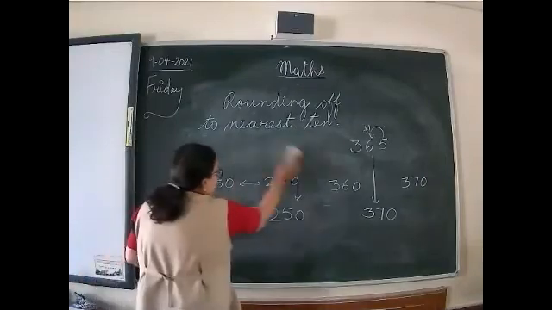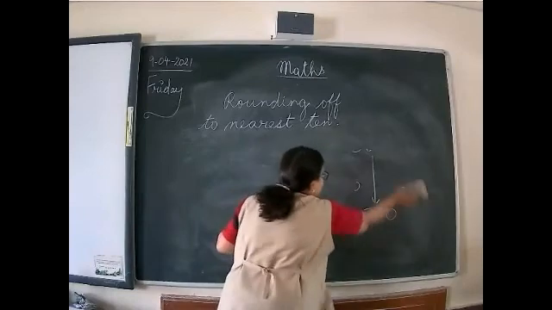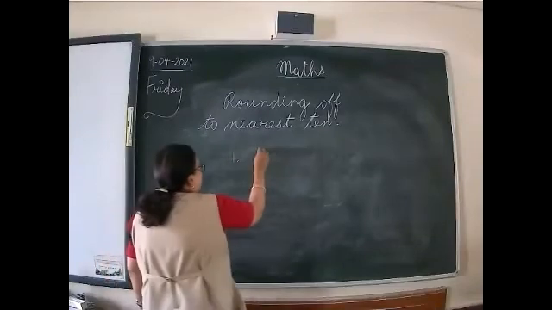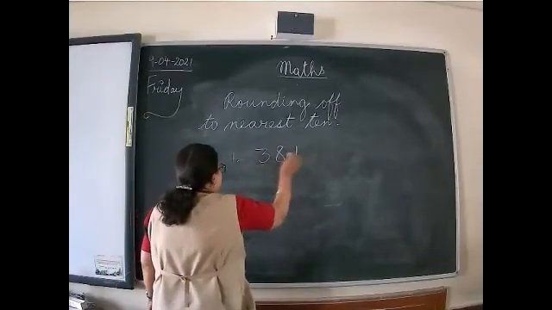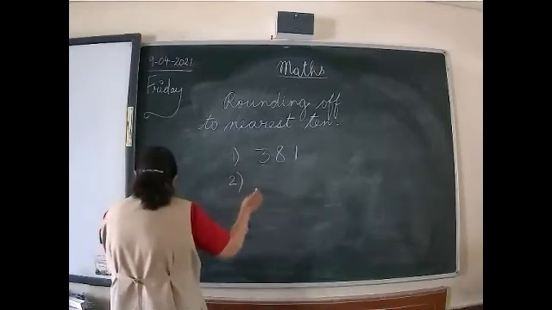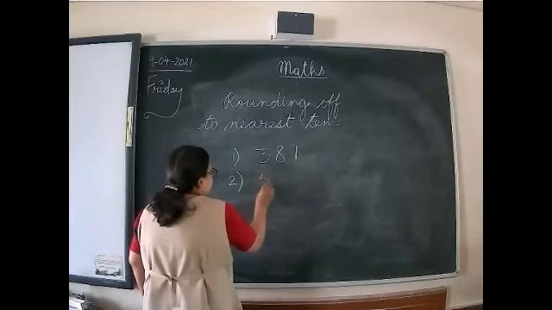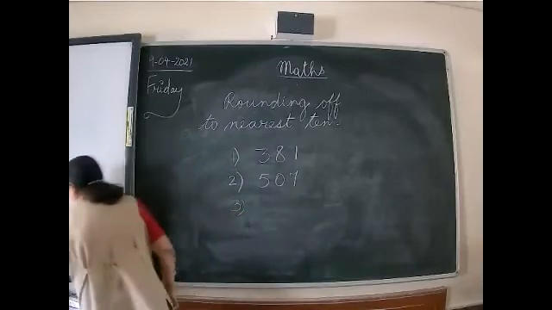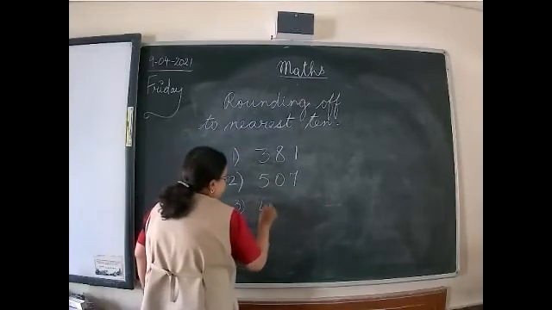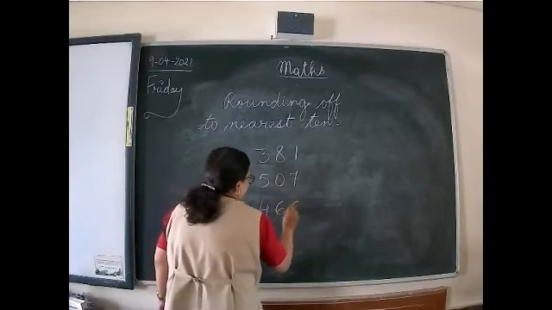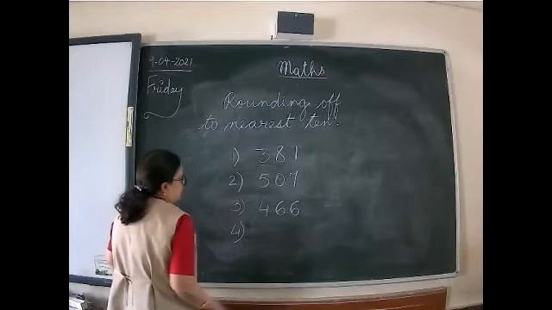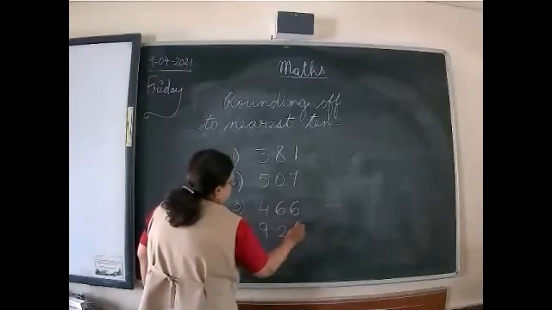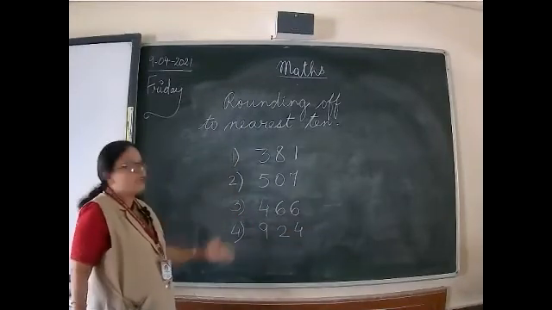So I am giving you now a few numbers. You can round them off to the nearest tens. I have given you these 4 numbers.